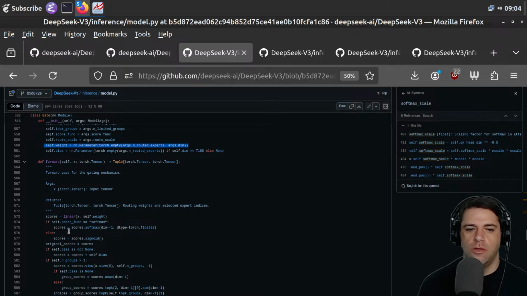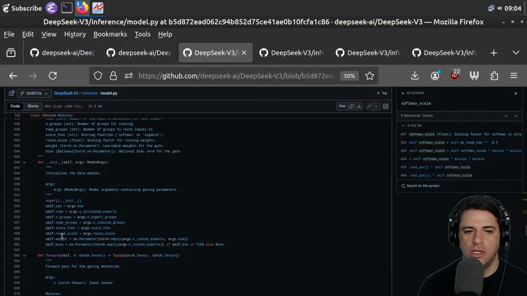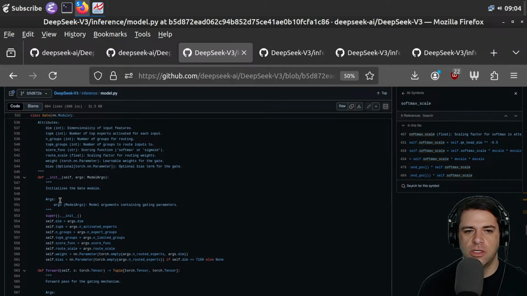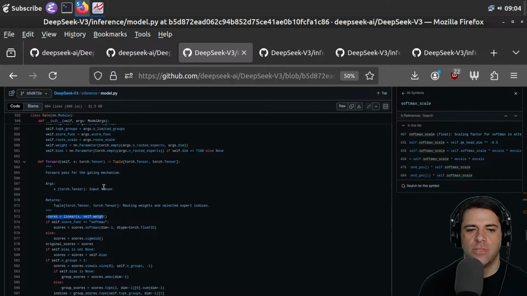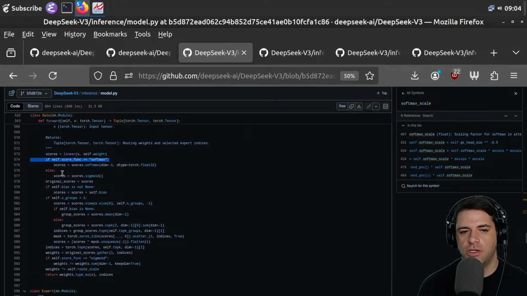And then in the forward pass, the scores will take some linear transformation. Self.linear should be defined presumably up here. Or no, it's not self.linear, it's just linear. Some linear map of x and the weights. We're defining either softmax or sigmoid as the scoring function.